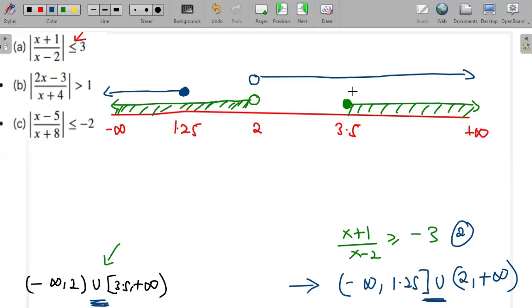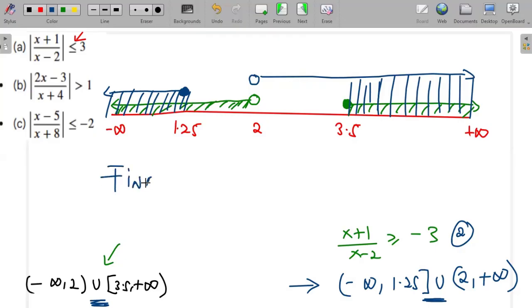So which part here is intersecting, the green part and the blue part? You can see this part here intersects, it will have both the green and the blue. And this part also intersects, it will have both the green and the blue. So that will be our final answer.